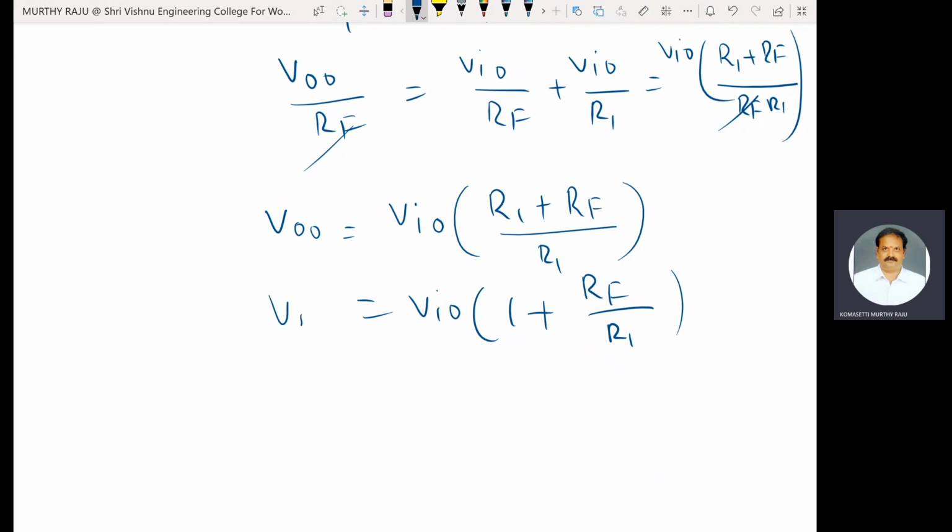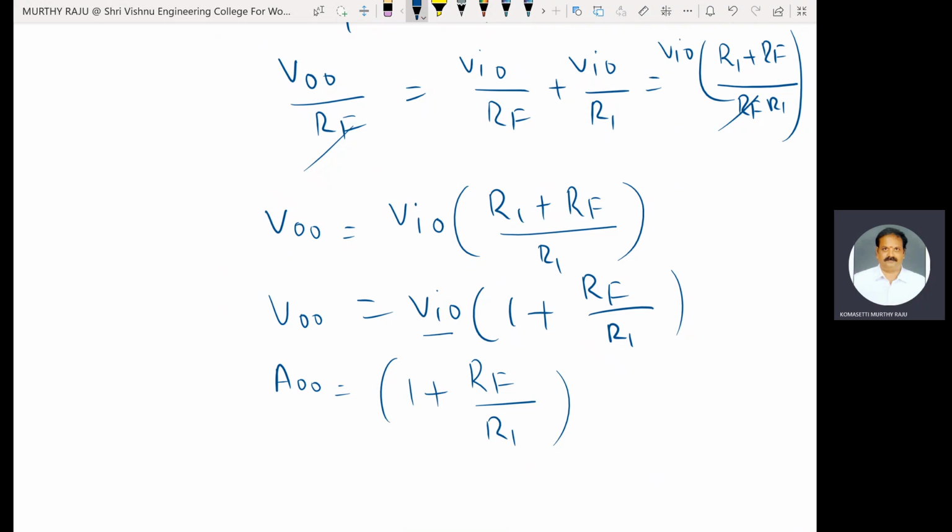In both cases, non-inverting op-amp amplifier and inverting op-amp amplifier with feedback, the output offset voltage V00 due to input offset voltage VIO is V00 equal to VIO into (1 plus RF by R1). This is A00, the gain of that amplifier, 1 plus RF by R1.